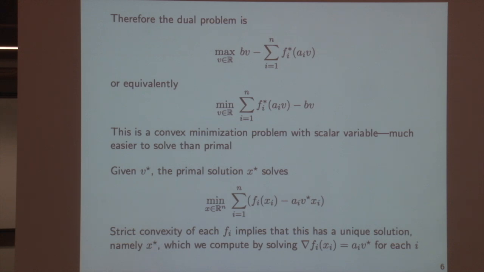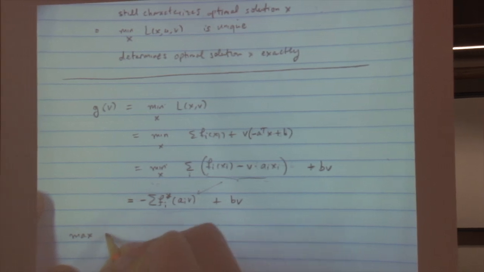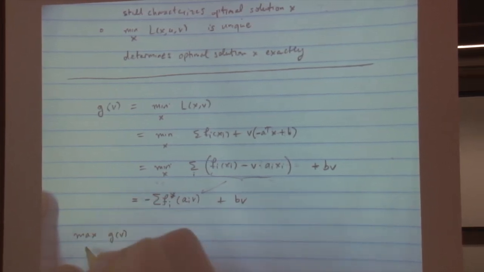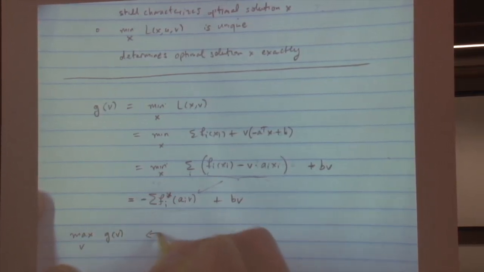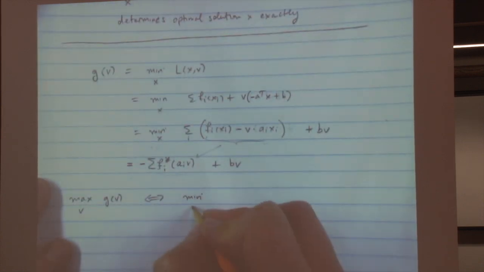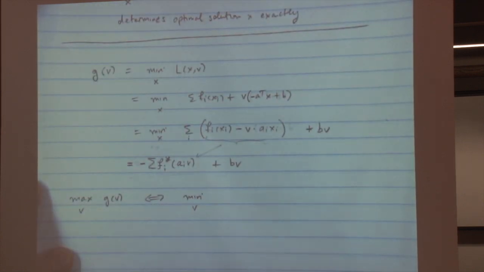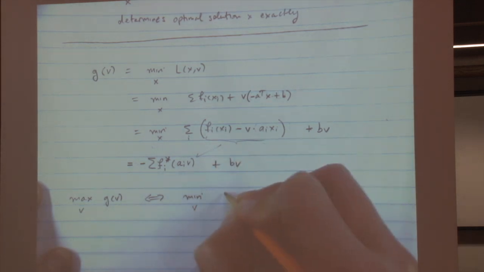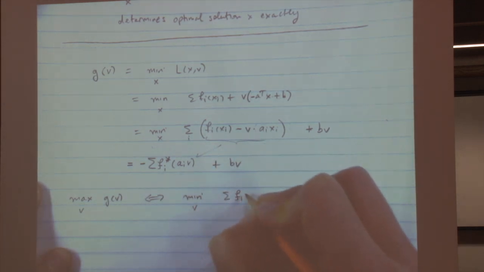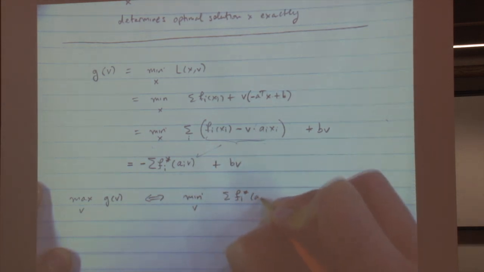So this is the dual problem, to maximize this quantity. Equivalently, maximizing g of v over all v is the same as minimizing negative g of v over all v. So we can write that as minimize the sum of fi star.